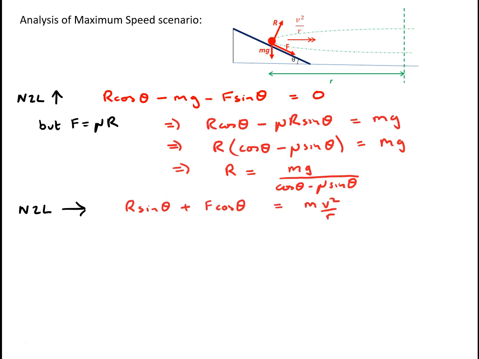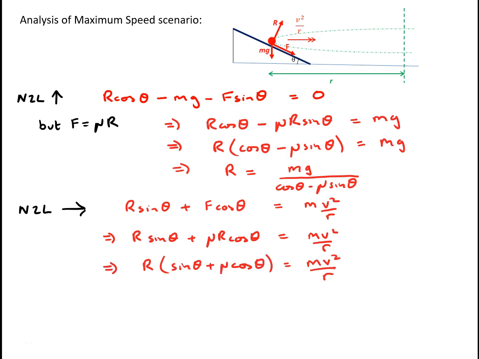So we've got r sine theta plus f cos theta equals mv squared divided by the radius. We know f is taking its maximum value, so f is the same thing as mu r. So we've got r sine theta plus mu r cos theta equals mv squared divided by the radius. And factorising gives us r times (sine theta plus mu cos theta) equals mv squared divided by the radius.